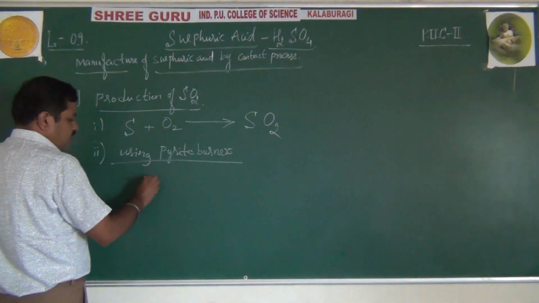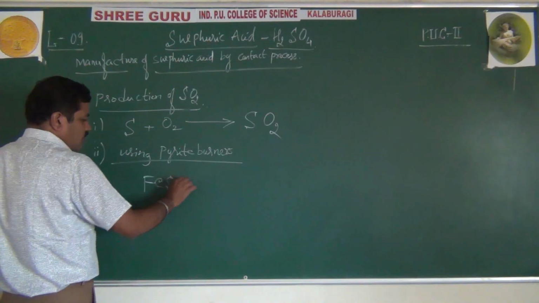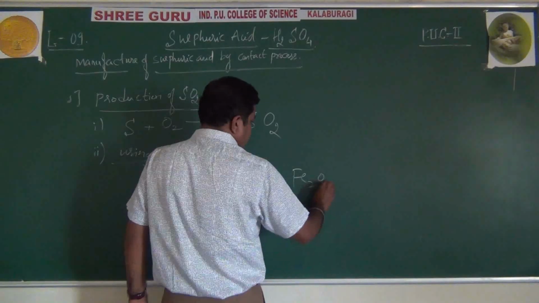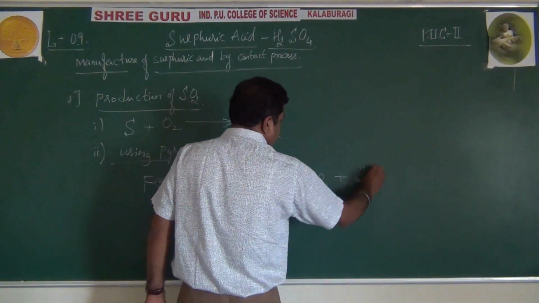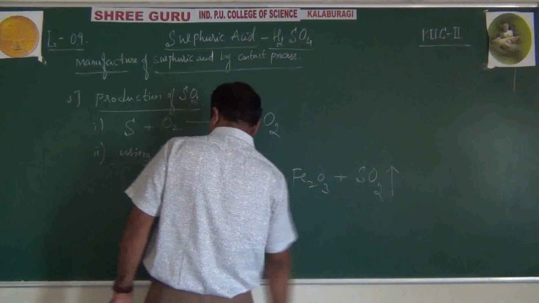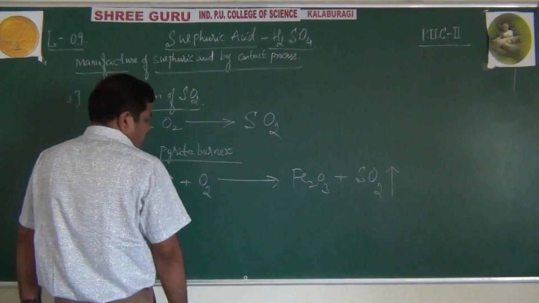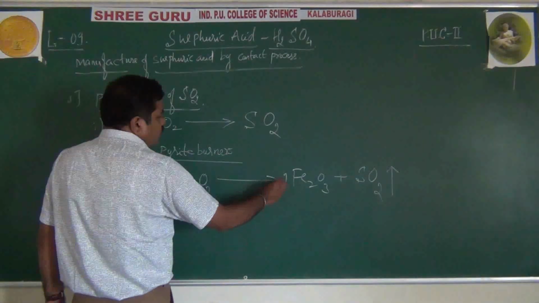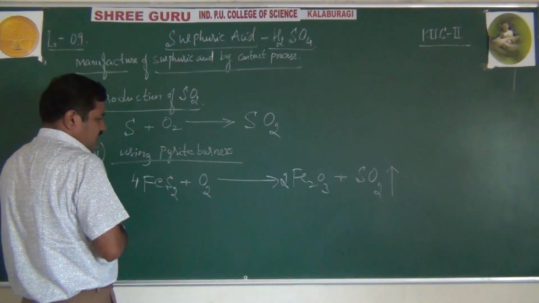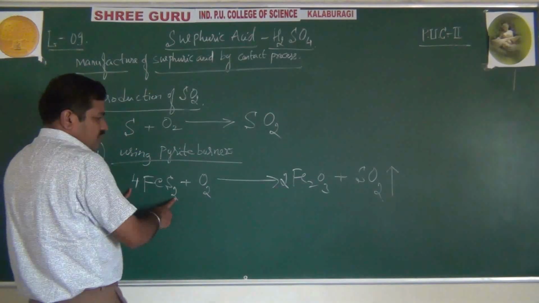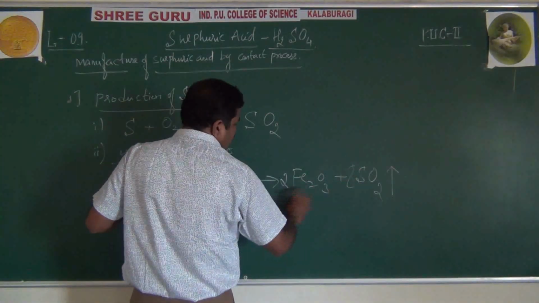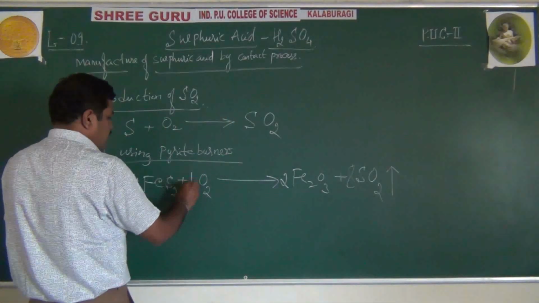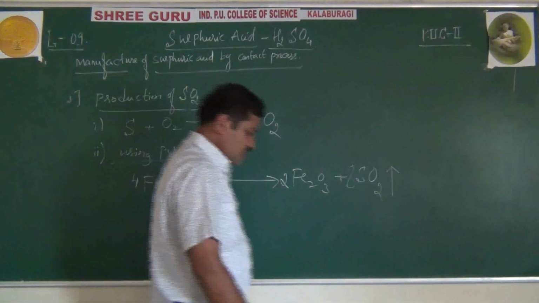The combustion of pyrite, that is FeS2, on combustion gives ferric oxide Fe2O3 and liberates sulfur dioxide SO2. See here, for the equation, generally we have to heat it: 4FeS2 plus heat gives 2Fe2O3, so iron will become balanced. Later, 8 sulfur atoms are there, therefore 8 SO2. Lastly, 16 plus 6 is 22, therefore 11O2. And like this, ferric oxide and sulfur dioxide we get.